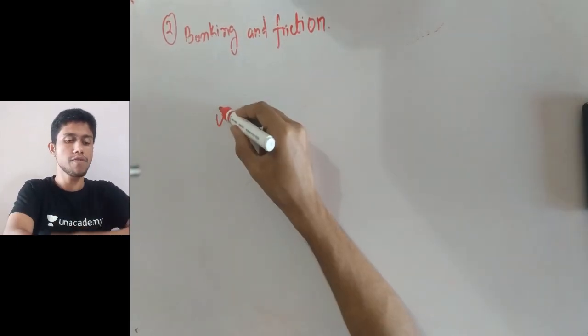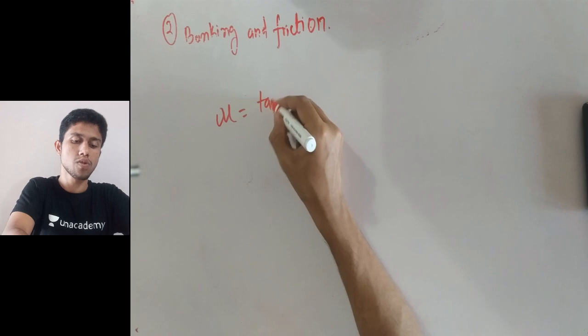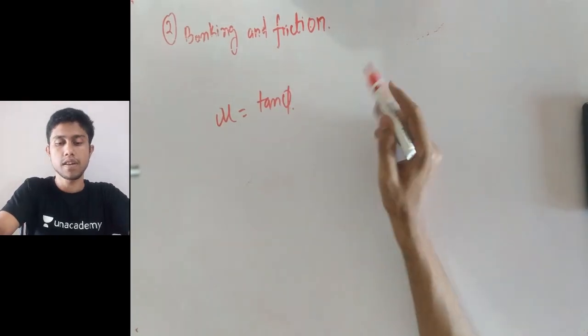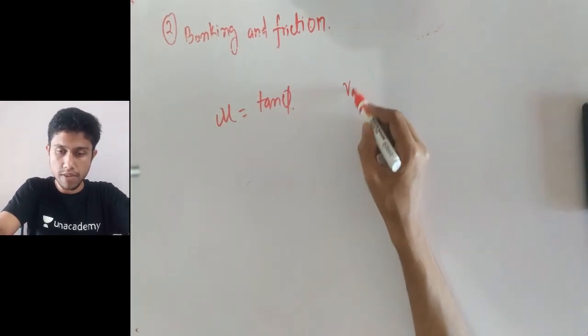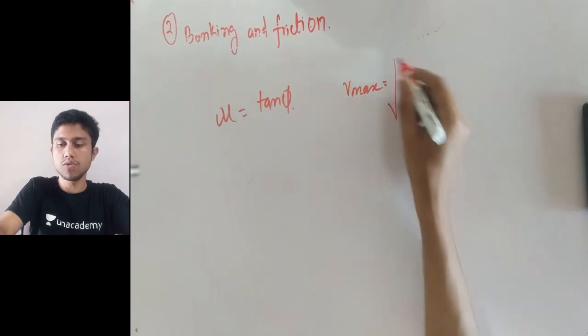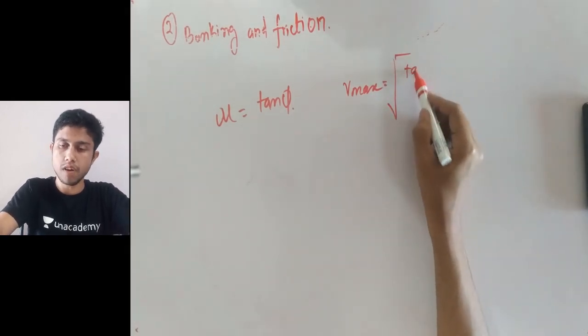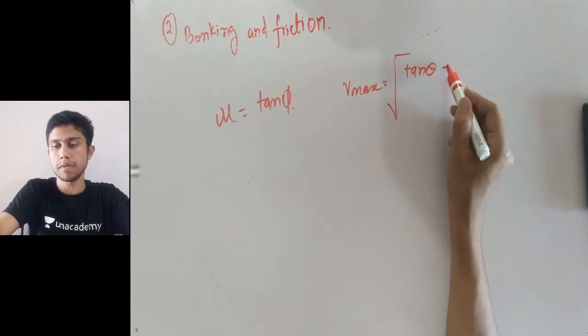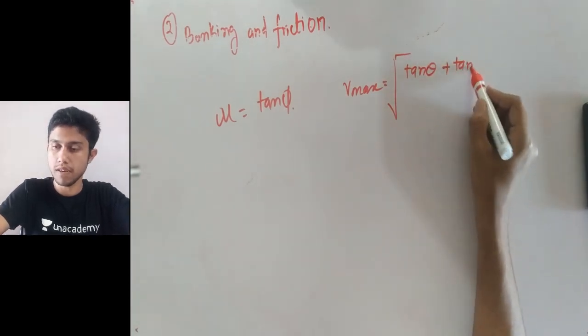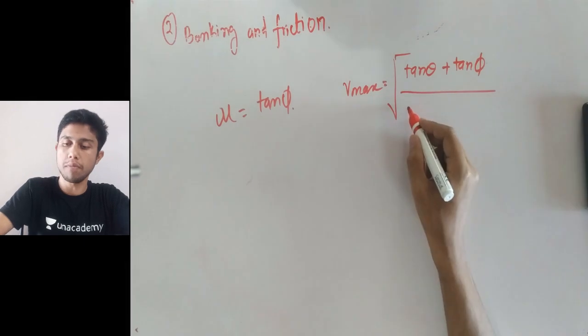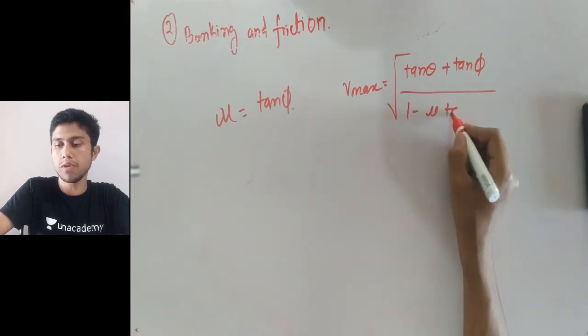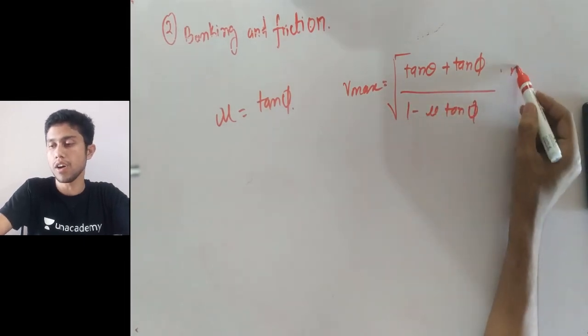So now, if mu equals tan phi, I can write my formula as Vmax equals root over tan theta plus tan phi upon 1 minus tan theta tan phi, dot rg.